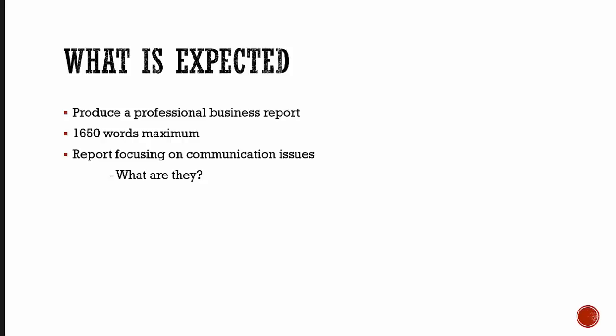And your report is to focus on the communication issues that you see in the video, or that you've been asked to watch and talk about in the video. So it's really important that you know it's communication issues. You may watch the video and say there are issues with power or leadership or all sorts of other things, management structure. That's well and good. But remember, your focus is on communication.